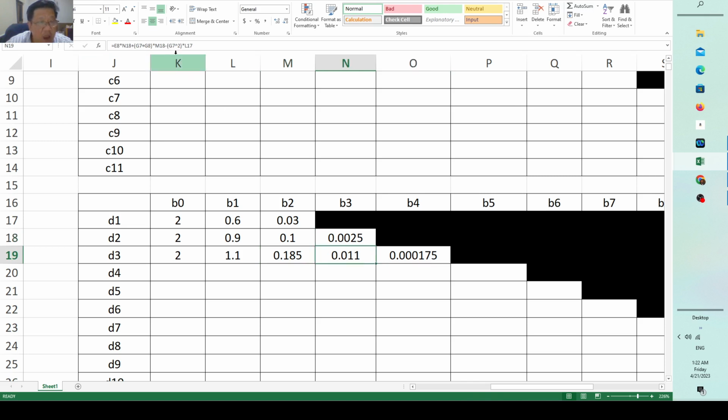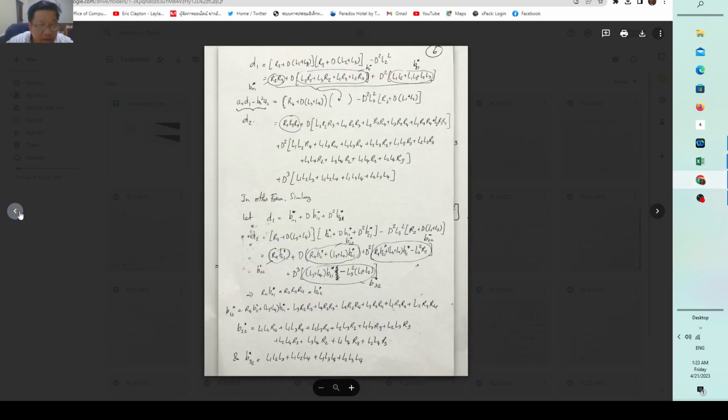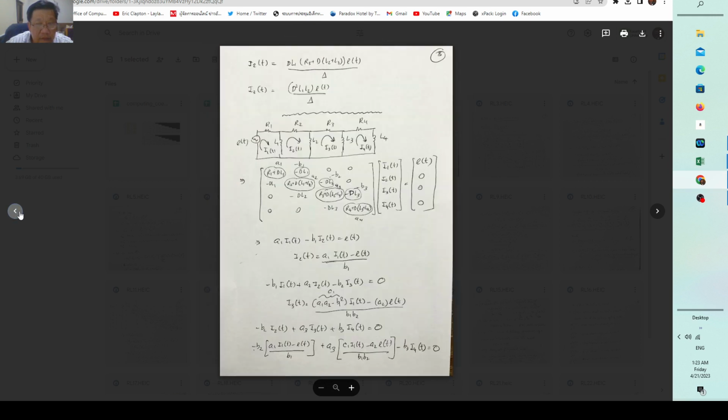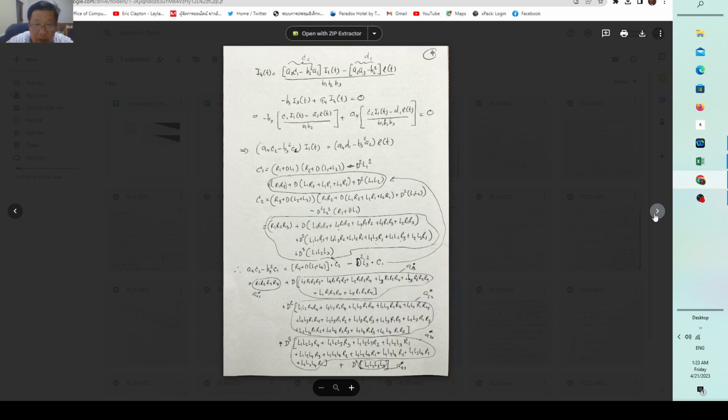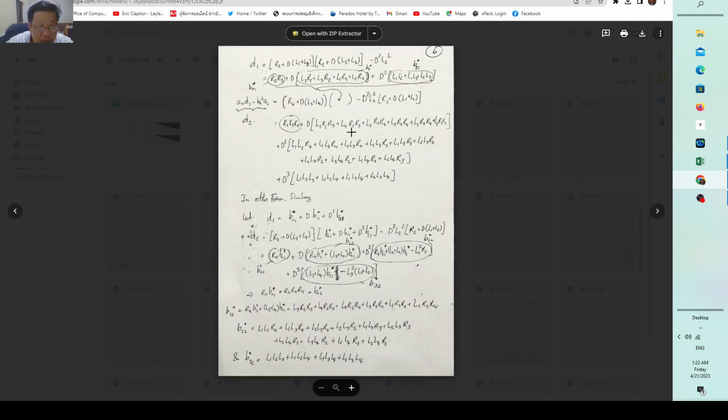Why? Because for D2, the formula starts with D3 that you can apply the copy. If you look back at the formula down here, I just show you here. You see, d sub 1 is still minus b squared. Once you get d sub 2 here, d sub 2 is still in this formula.